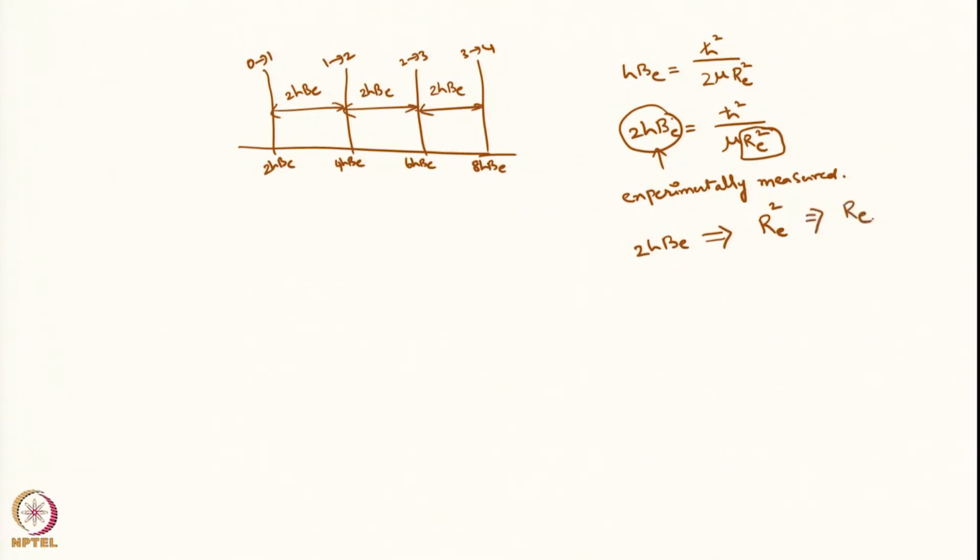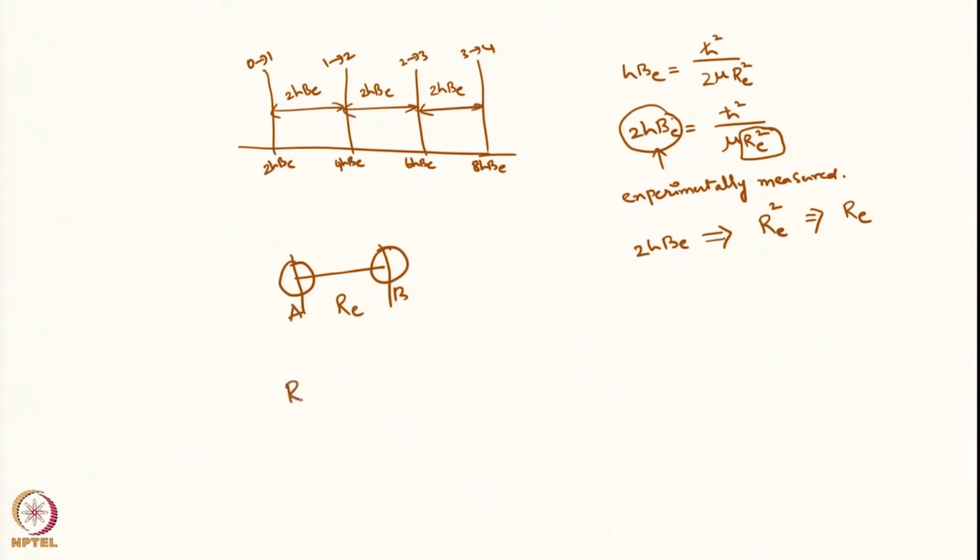Now, what was RE? If you had a molecule AB, RE was the equilibrium distance. So, by measuring the rotational spectrum one can measure the equilibrium bond distance of molecule AB.